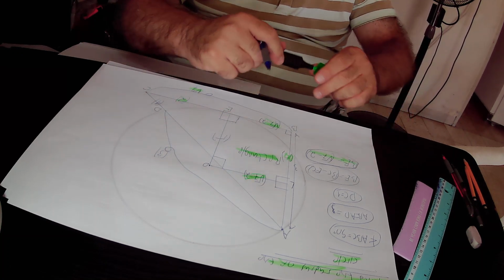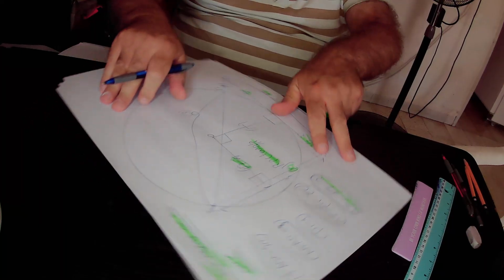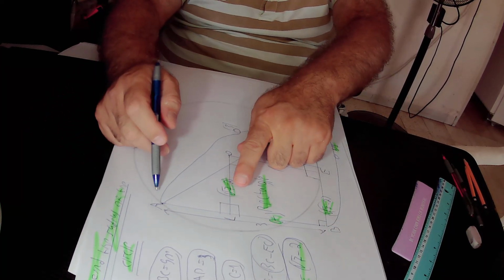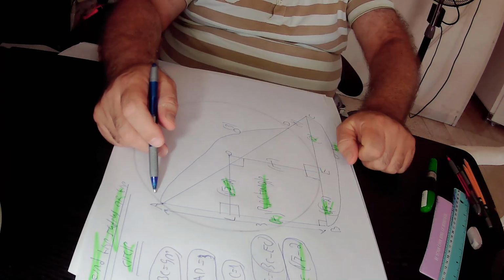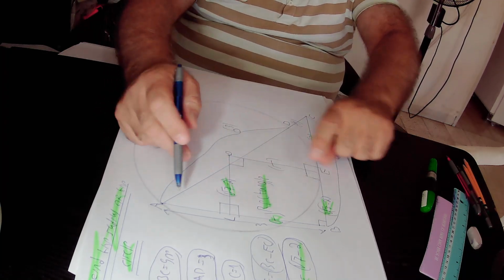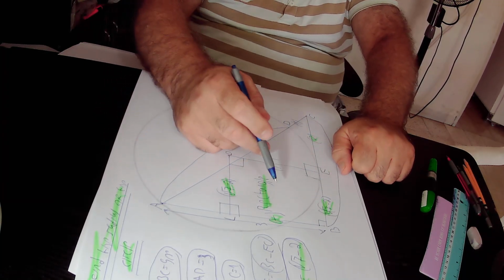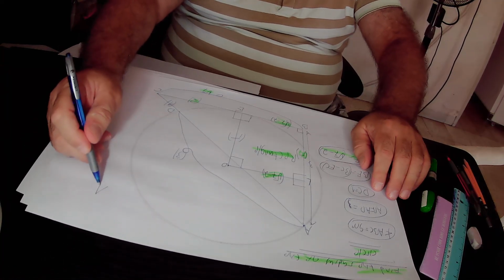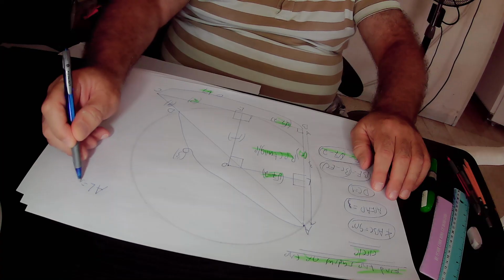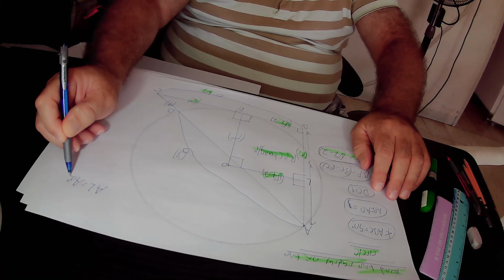What is the length of this segment AL? From the drawing it's very easy to see that AL equals AB minus LB. So write it down. AL equals AB minus LB.